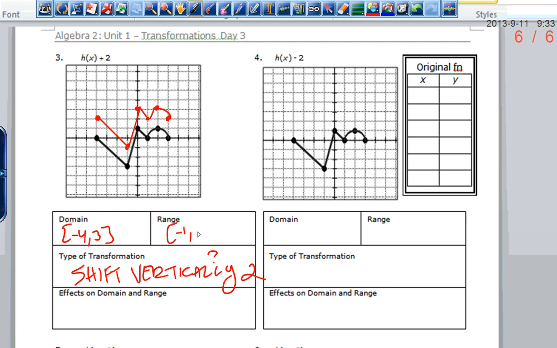So -1 to that 3 now. Our effect was just on the range, we said that. So y values, I'm just going to do some shorthand here, up 2.